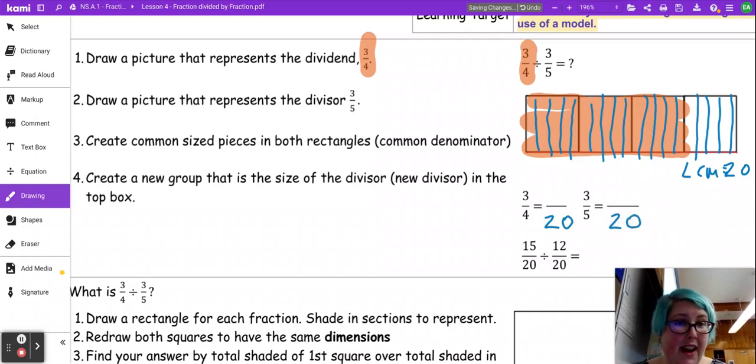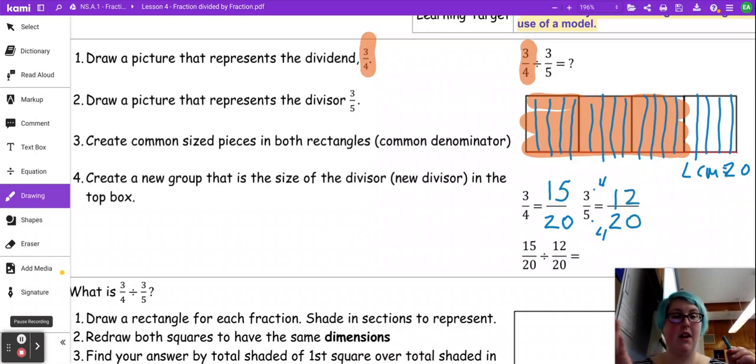We know that 15 of the 20 boxes are shaded for 3/4. Brilliant. So I can make an equivalent fraction of 3/5, because I know 5 times 4 is 20. So 3 times 4 is 12. So now we have 15/20 divided by 12/20. We have our equivalent fractions.